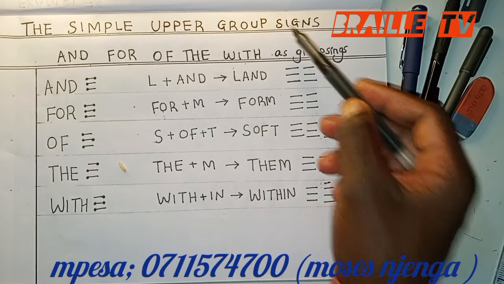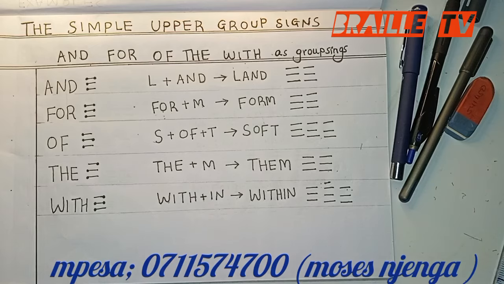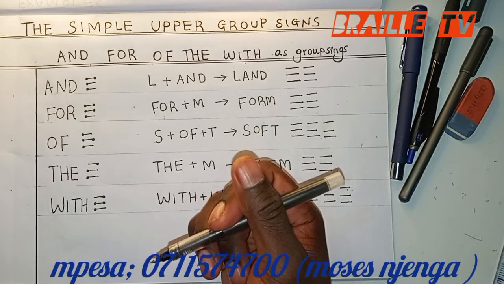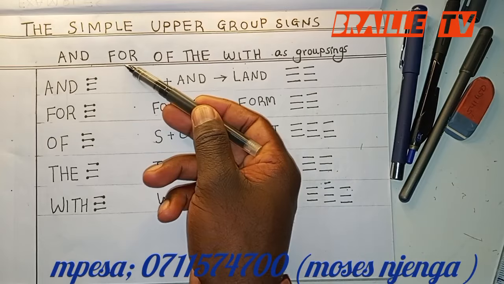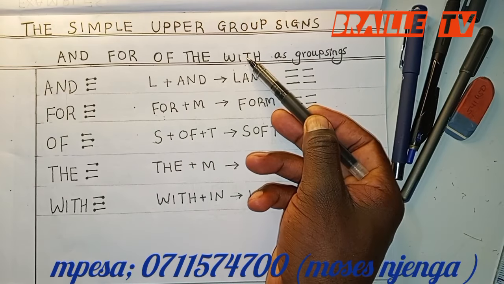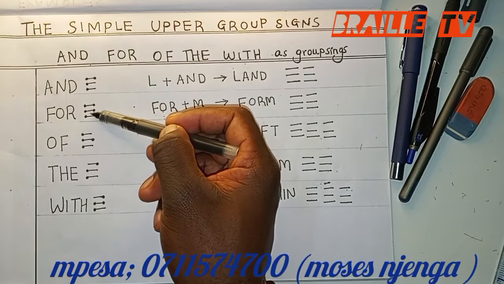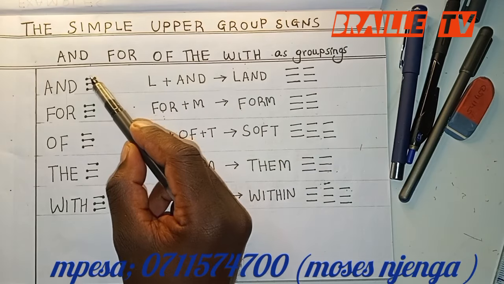Now they are going to represent a whole word. Remember, we said in our previous lesson that and, for, of, the, with are formed using the letters of the alphabet P, Q, R, S, T.